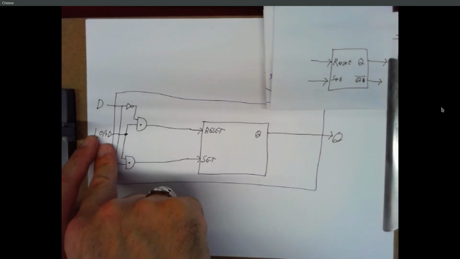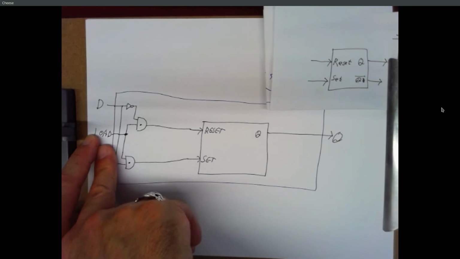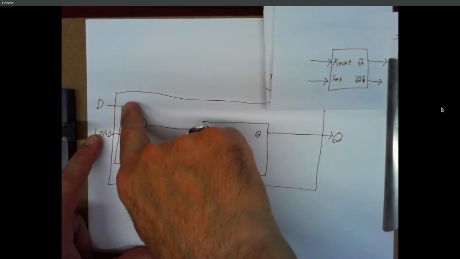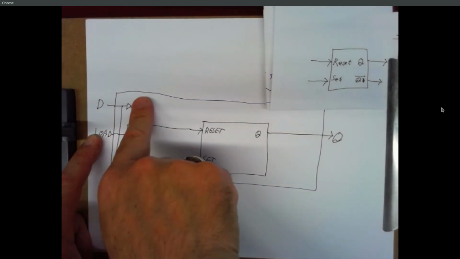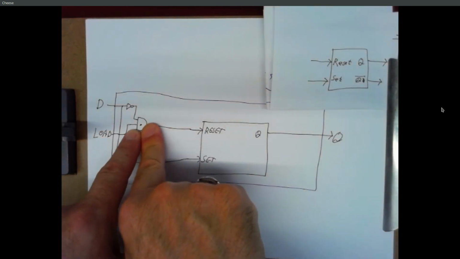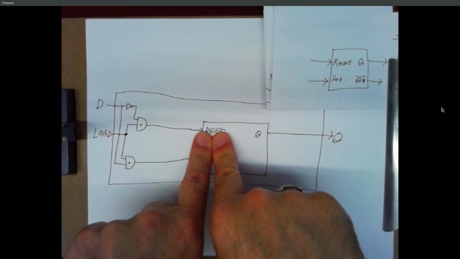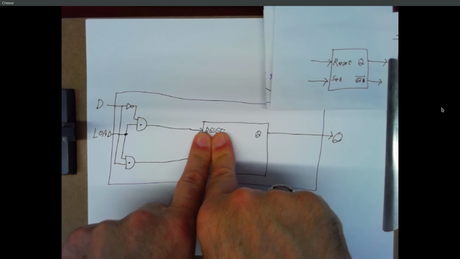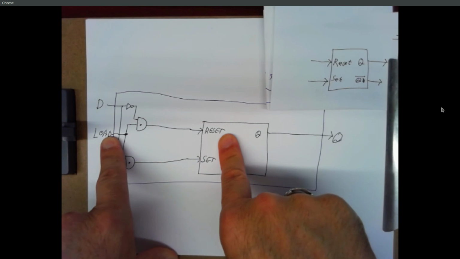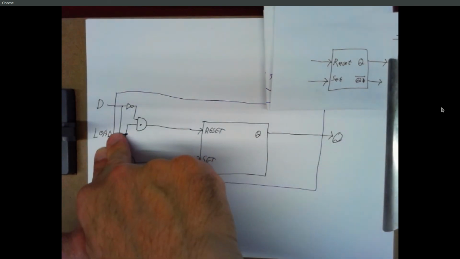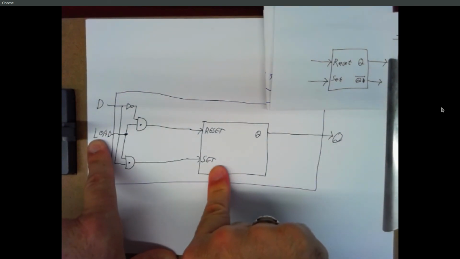And if load is high and D is low, D is a 0, so 0 ANDed with 1, set is going to be low. But D inverted is going to be 1 ANDed with 1, reset is going to be high. So if D is low and we say load, this is going to reset, and we load a 0 into it. If D is high and we say load, this is going to set.